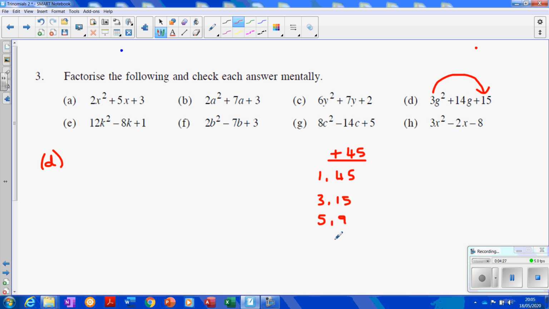And we've got 9 and 5. So we have a pair of repeated factors, so we know we have them all. Now, the plus 45 means that both factors are the same sign. So they're either both positive or they are both negative.